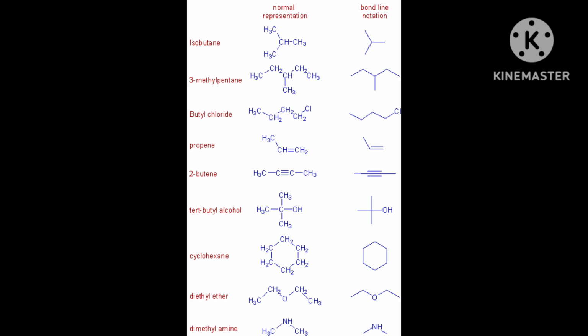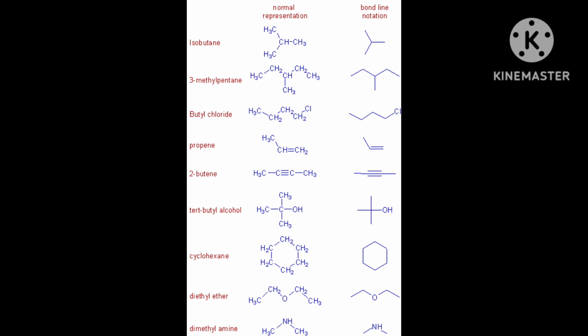4 carbon means butane. Now 2-bromo you have to write. Then on carbon number 2, 1 hydrogen you remove, and in its place 1 bromine you write, Br. Because on carbon number 2 bromine is there, that's why it is called 2-bromobutane.